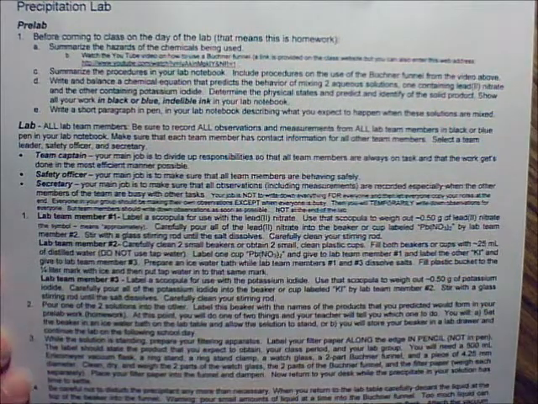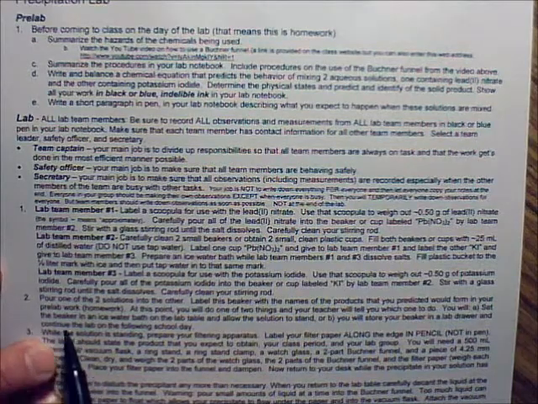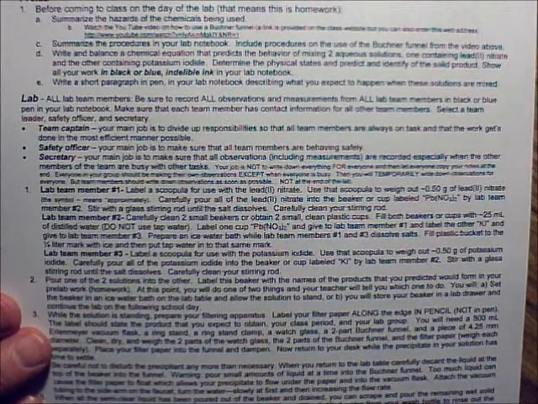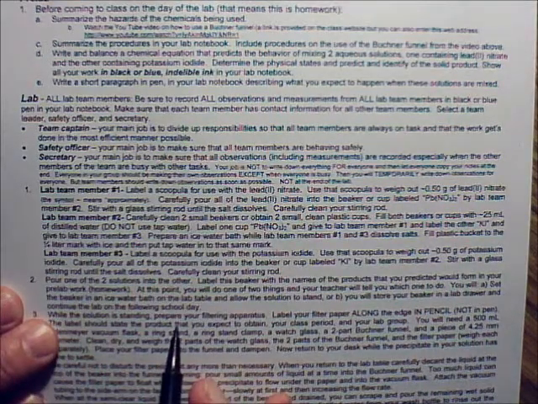So you need to have your procedures done, and I'm only going to be looking for, let's see, hold on, procedures 1 and 2 here for tomorrow. The rest of them you need to have at least by Thursday. Okay? So your hazards and procedures through the second procedure here.